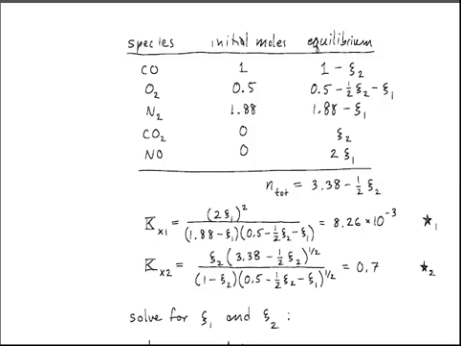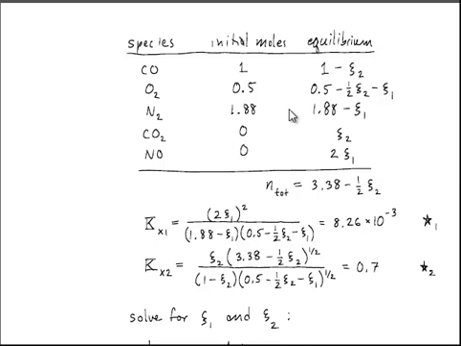So we're going to start just the way we've done before, except that now we have two different independent reactions that can occur. We start with CO in the reactor at an amount of 1 molar. We have to have a half mole of oxygen to convert all of that CO. This is the stoichiometric amount of oxygen that would convert all of this into CO2. But along with a half mole of oxygen, if we're going to get that from the air, we're also going to introduce 1.88 moles of nitrogen, because air is 78% nitrogen.